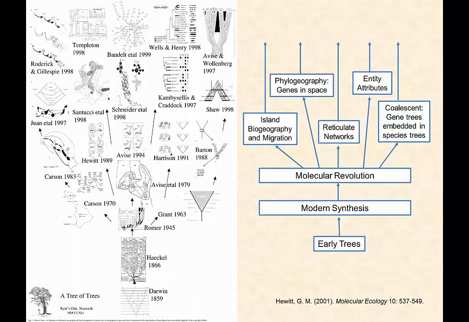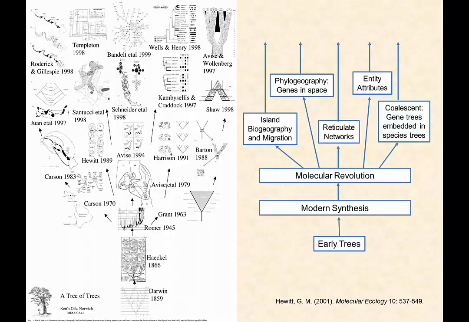And here, finally, on the right-hand side, we have what's called the coalescent, which is basically gene trees embedded within species trees, but we won't worry about that. The take-home message from that picture is that there's been an evolution through time of the information that we've got associated with these evolutionary trees. We've got more and more stuff that we want to annotate the tree with.